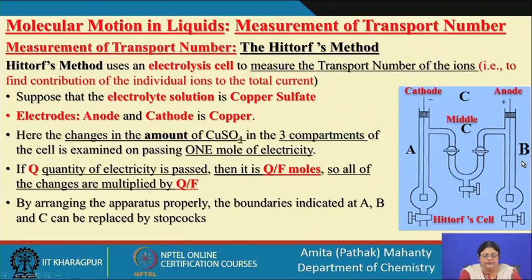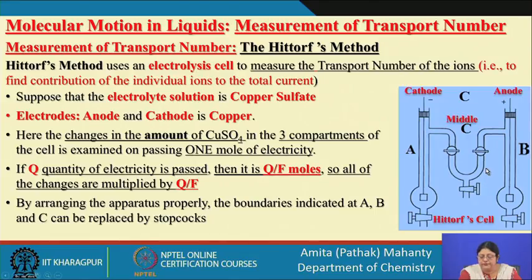Now, we have electrodes which are made of copper, and the electrolyte we are using is copper sulphate. If you see the Hittorf's cell very carefully, we have compartmentalized the cell into three parts: A, B and C. A is the cathode compartment, B is the anode compartment and C is the middle one.